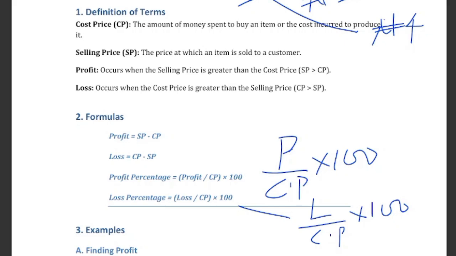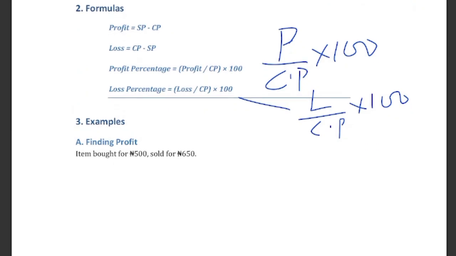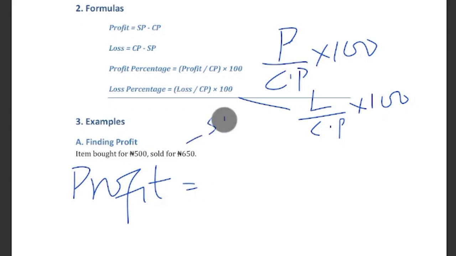So finding profit. How do you find profit? I've told you. Here, an item is bought for 500 naira and sold for 650. So the profit will be equal to the selling price minus the cost price.